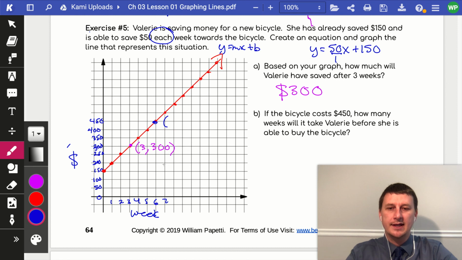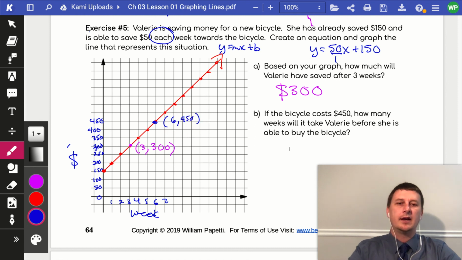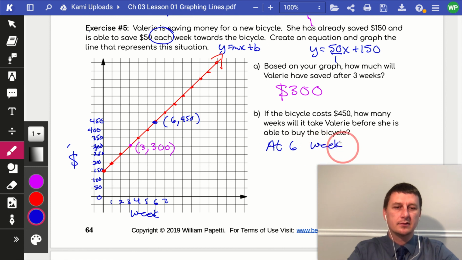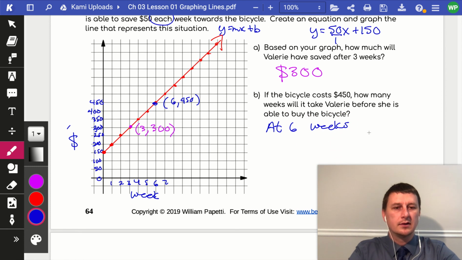Let's follow that down. That's an x value of 6, comma 450. And that's going to tell me that my x value is 6, which represents the number of weeks. So after 6 weeks, Valerie can buy the bicycle.